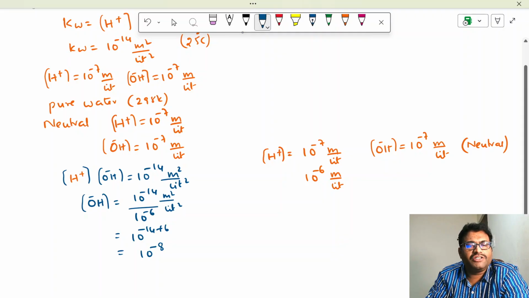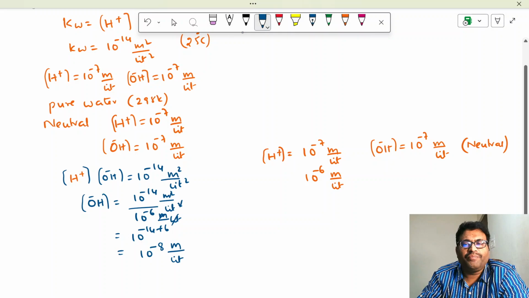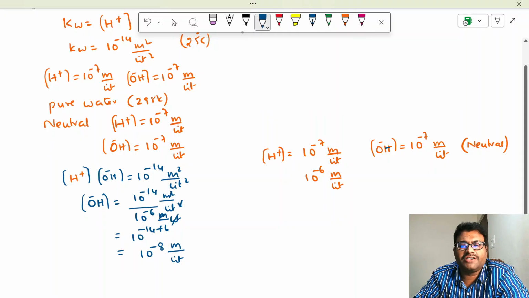Moles per liter gets cancelled. Are you getting this? Overall on multiplying these two, you should get 10 power minus 14. So OH minus ion concentration will be 10 power minus 8 moles per liter.